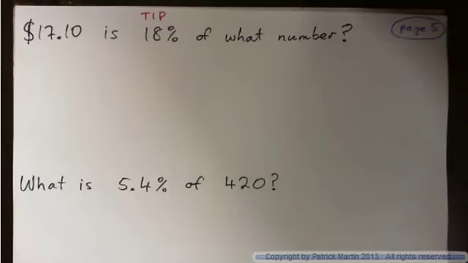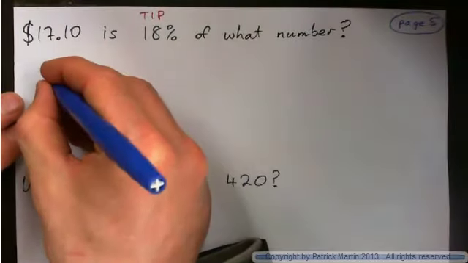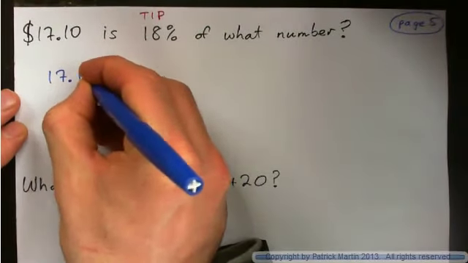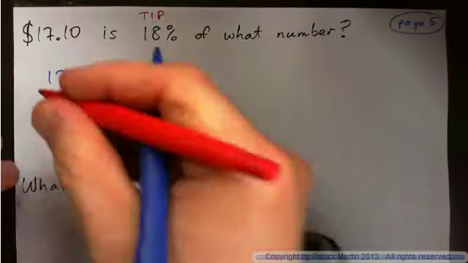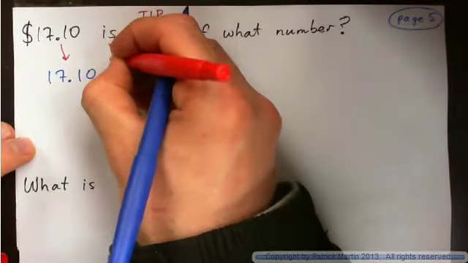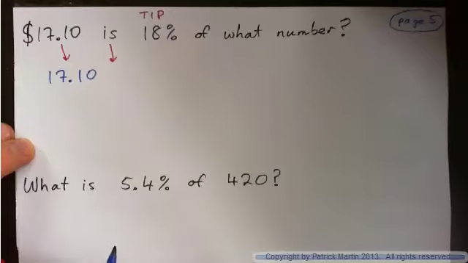Because $17.10 is the 18%. So 17.10 is 18% of what bill at the restaurant? What number? Okay, let's go ahead and solve this one. So 17.10 goes there, is, how can you write is in an equation?